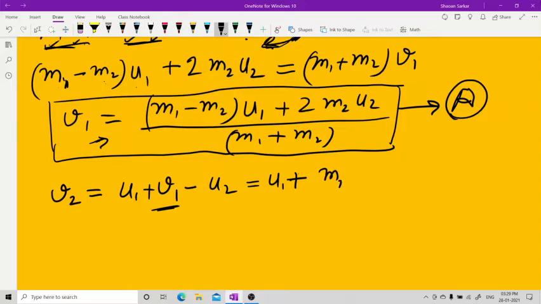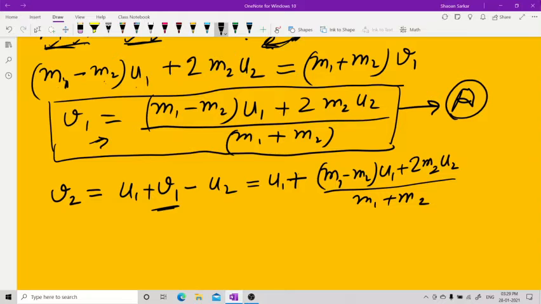That is m1 minus m2 u1 plus 2m2 u2 upon m1 plus m2, minus u2. This whole equation I put in this place.